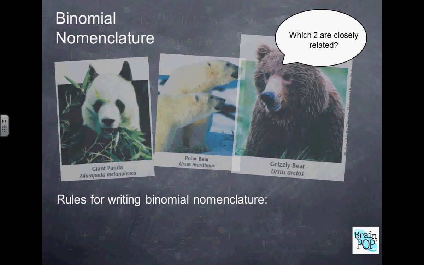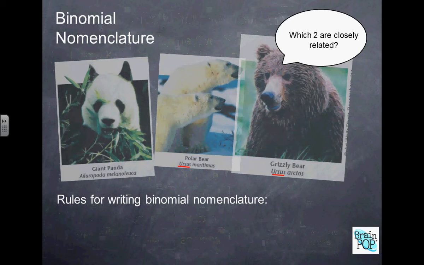Kira? The polar bear and the grizzly bear. Why did you pick those two? Because they both have like Ursus. Right. They're in the same genus. They're both in the genus Ursus, whereas the panda is in a separate genus. So it's not quite as closely related to those bears as they are to each other.